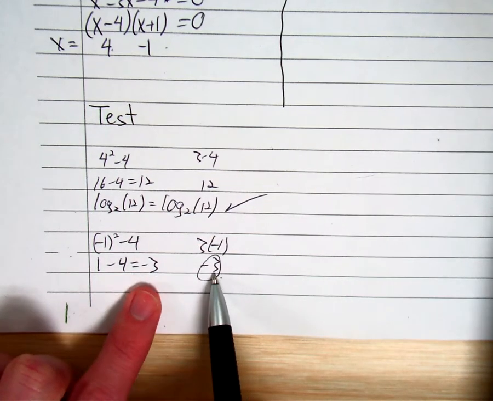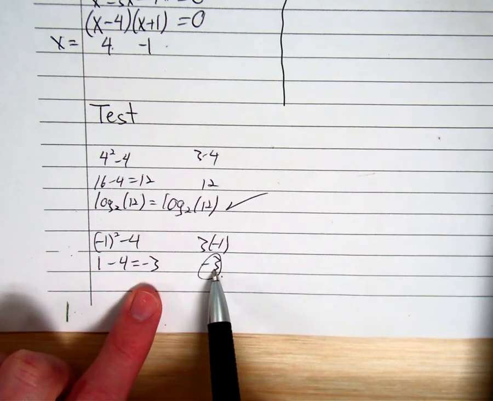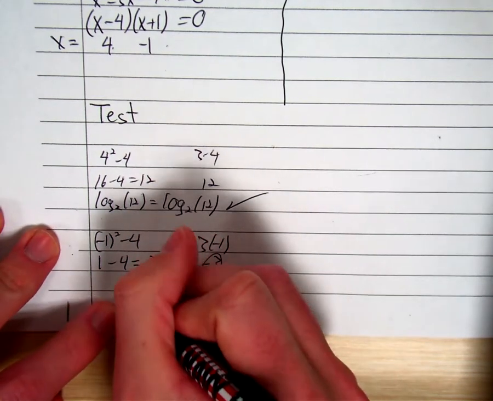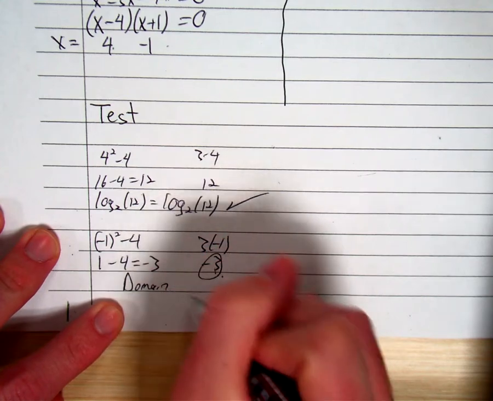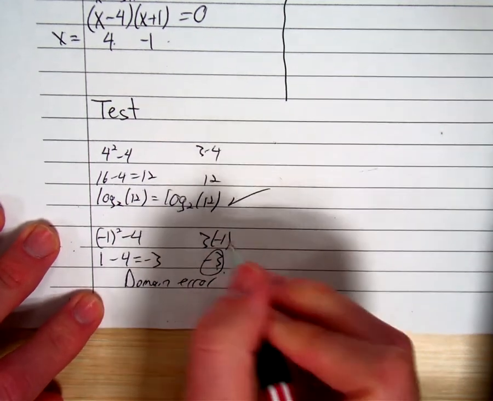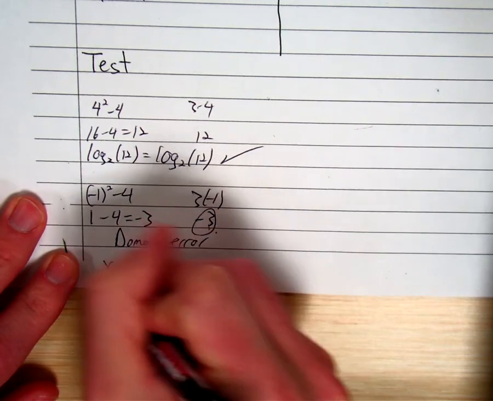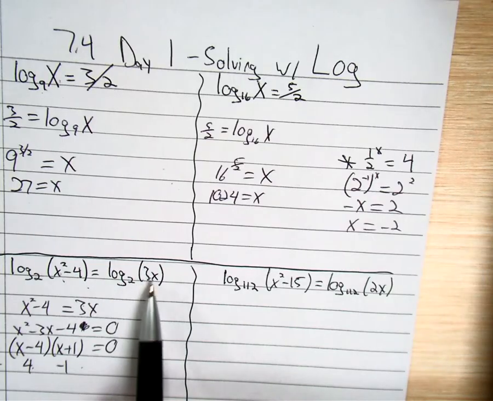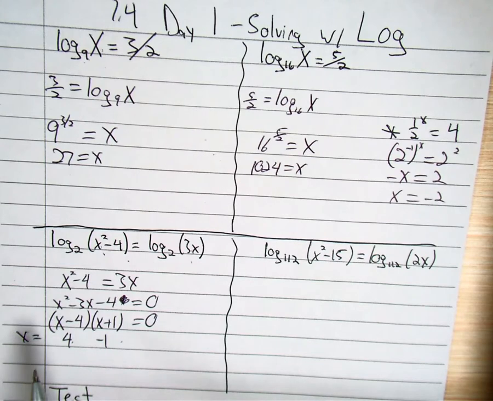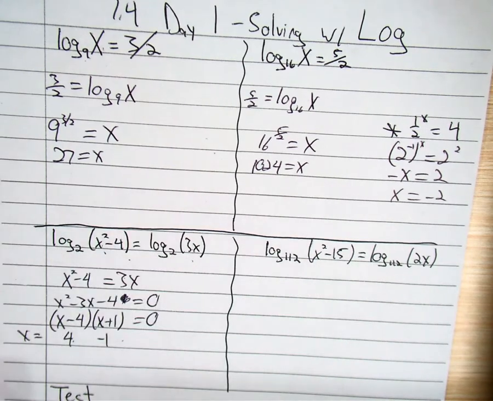So they're equal, but they're negatives, and we can't have negatives. That's a domain error. So we're not going to use negative 1. X is just equal to 4. This part of the log has to be positive, so we can't have negative numbers in there.